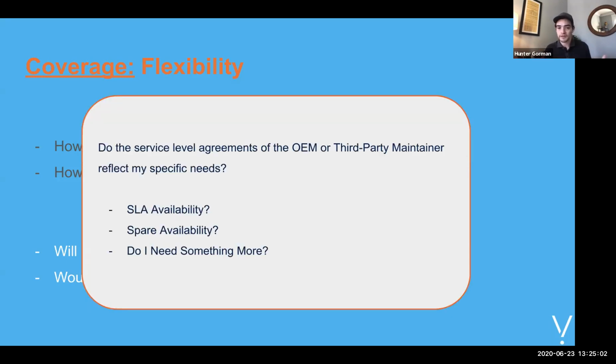And in terms of those needs, what is the availability in terms of next hour, or next business day on site, as you mentioned? What do the sparing models look like behind those SLAs? And then you've got to ask yourself, do you need what is out there? Do you need something more, or less? Obviously we'll get into actually crafting that strategy, but I think these are natural questions that start to come up at this phase of the process.